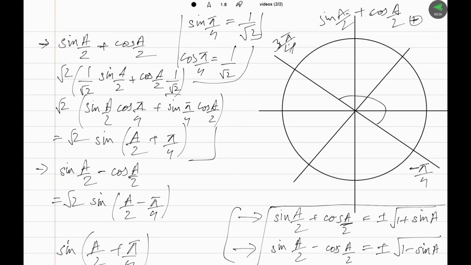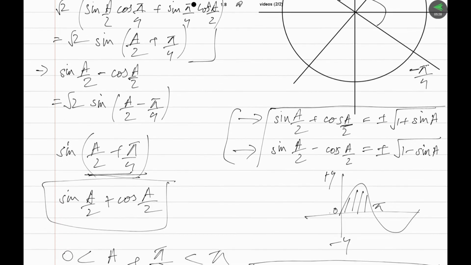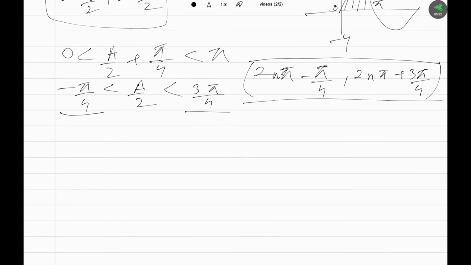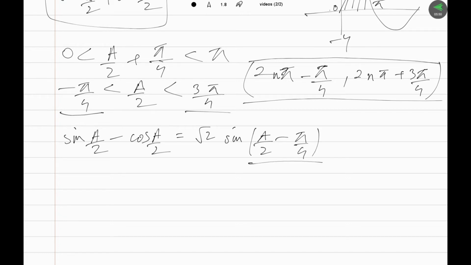Okay, so now let's talk about the second one. The second one was sine of A/2 minus cosine A/2, and we wrote it as square root 2 sine of A/2 minus pi/4. Now again considering this angle, it will be positive in 0 to pi.